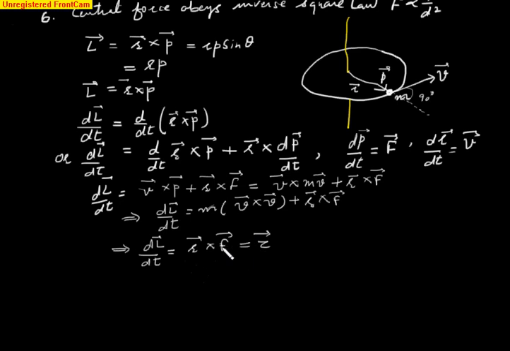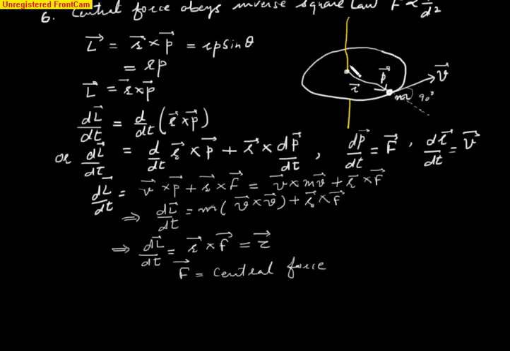But in case of a central force, when this force which we are discussing here is a gravitational force, and we have said that F is a central force, and we know a central force acts between the centers of two bodies. In this example we have one body here and another body here.